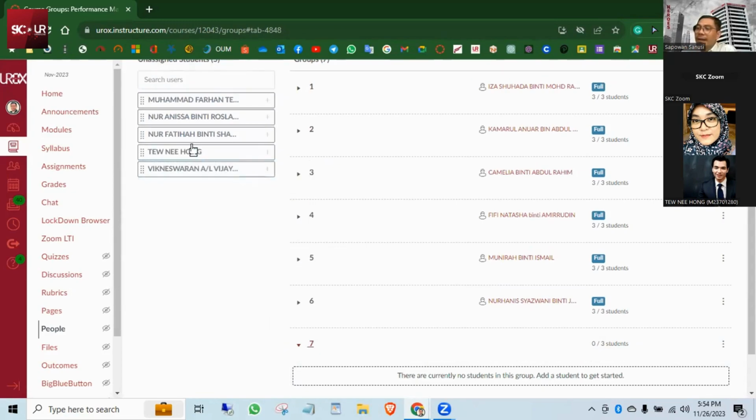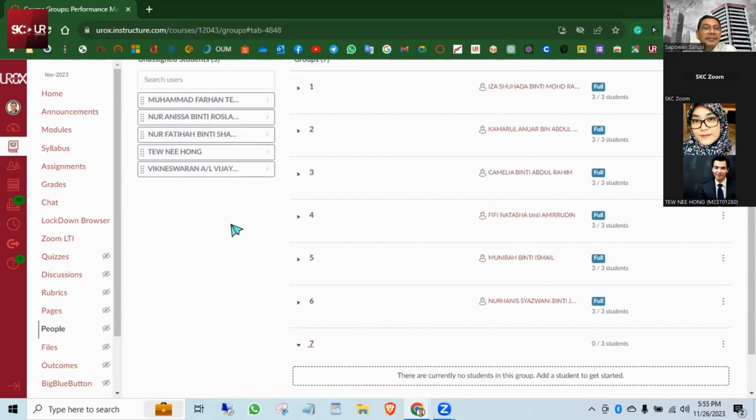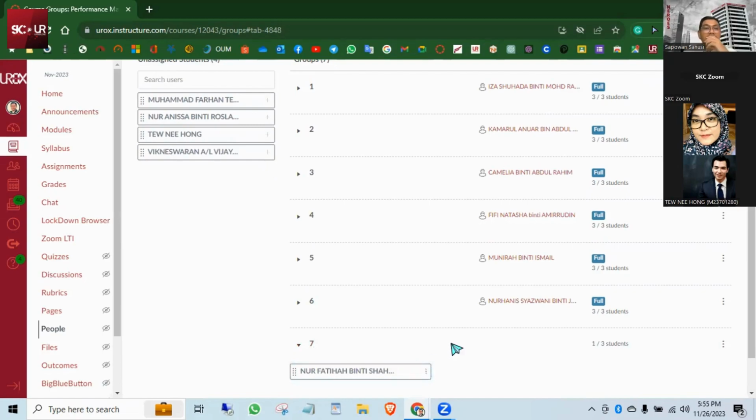One group extra, one group yang ada 3, lain semua jadi 2, 3, 4, 5. Fatiha Syahrul. Ada ke dalam Zoom? Ya ke? Sekejap. Fatiha. Alright. Okay. Team members, anyone want to join?